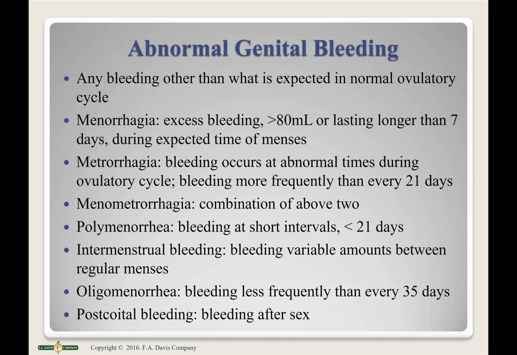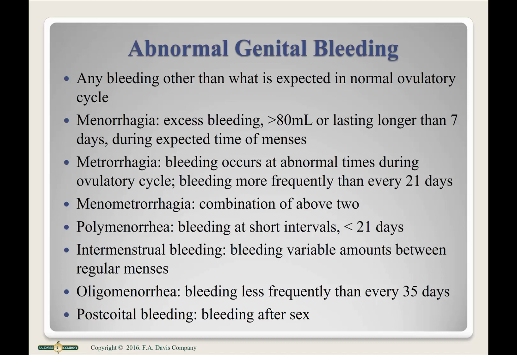So she's bleeding more often than every 28 days. She's bleeding irregularly in irregular amounts, like 2 days she'll be bleeding, or she'll have a menstrual period every 21 days consistently.